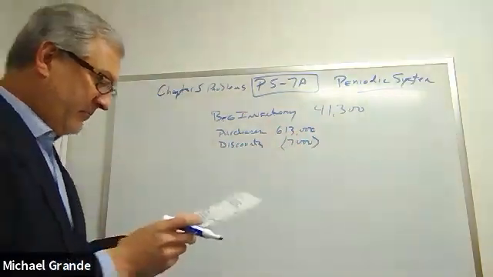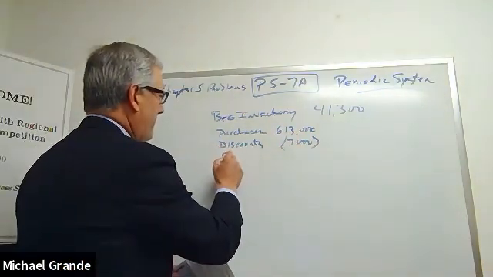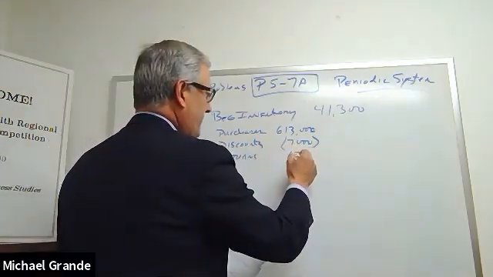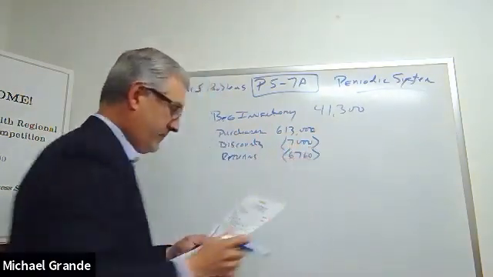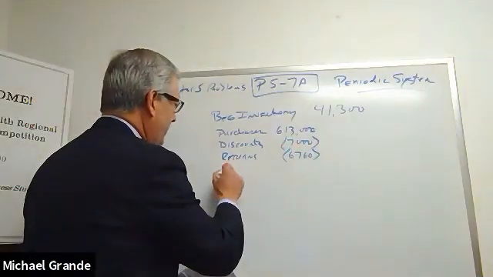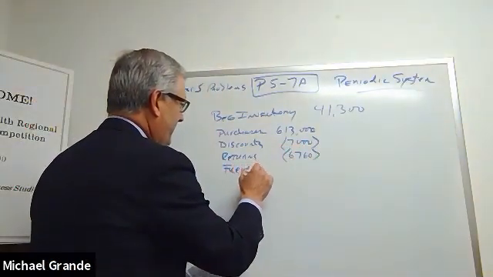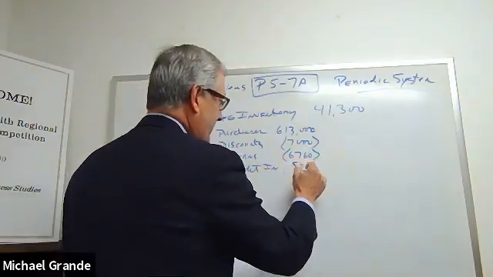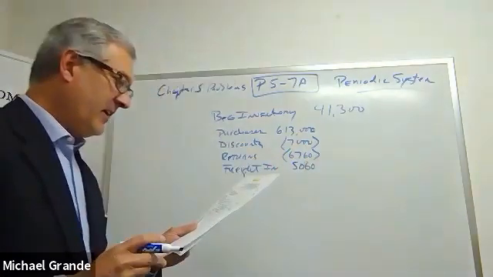They also had some returns of $67.60. And they had some freight that they paid for, right? Freight in, they paid $5,060. That increases inventory.